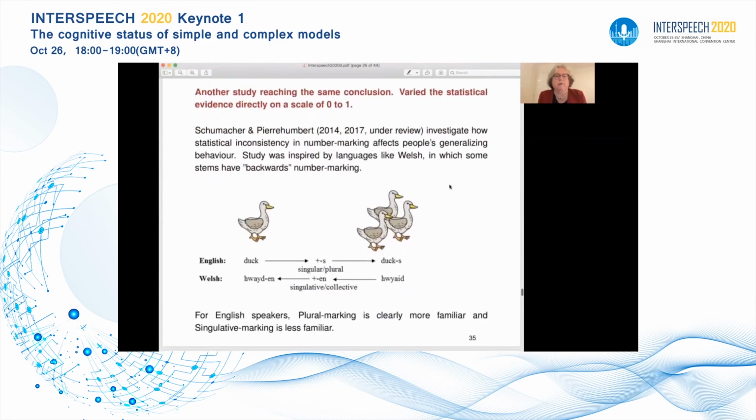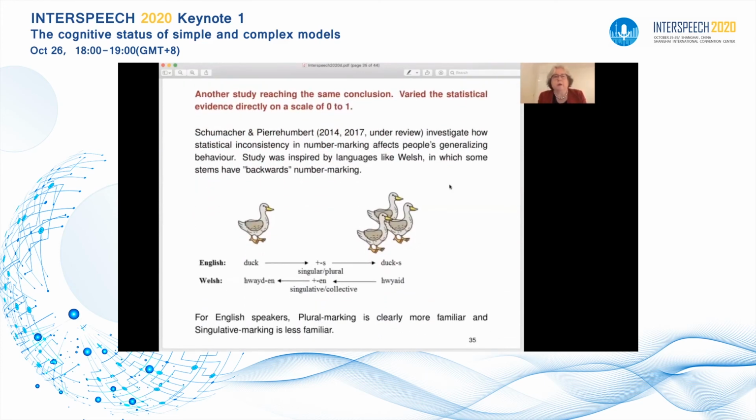Now, another study reaching the same conclusion varied the statistical evidence directly on a scale of 0 to 1. And it is inspired by languages like Welsh, in which some stems have backwards number marking. So in English, we see one duck, we see several of them, we add a suffix: ducks. But in Welsh, if you see a group of ducks, you use the bare stem, but if you see only one of them, you add an en suffix.